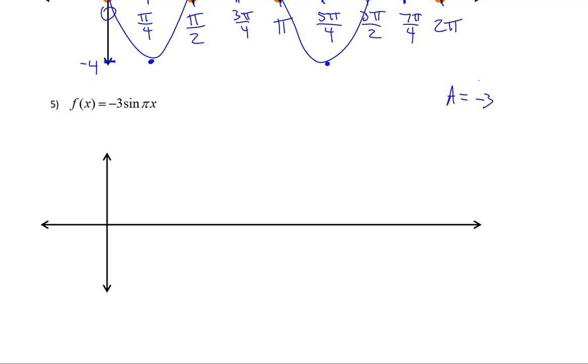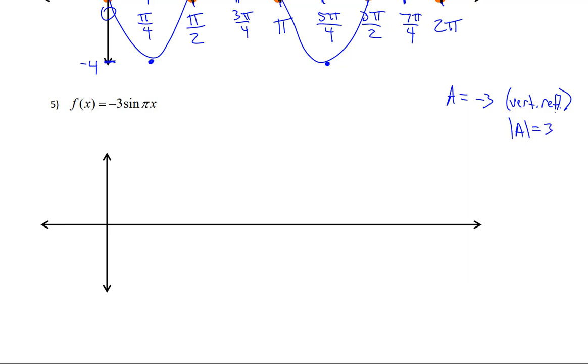That means a vertical reflection because it's negative. And then, of course, the absolute value of a would be just 3, so we have an amplitude of 3.